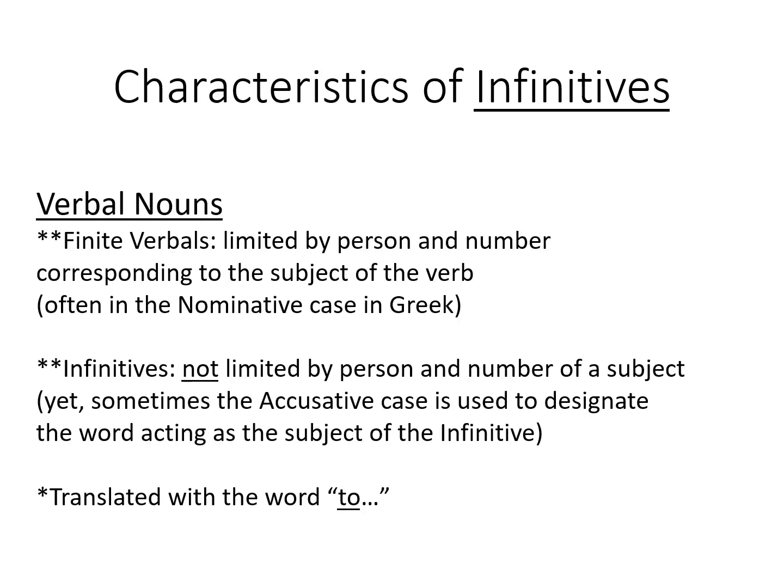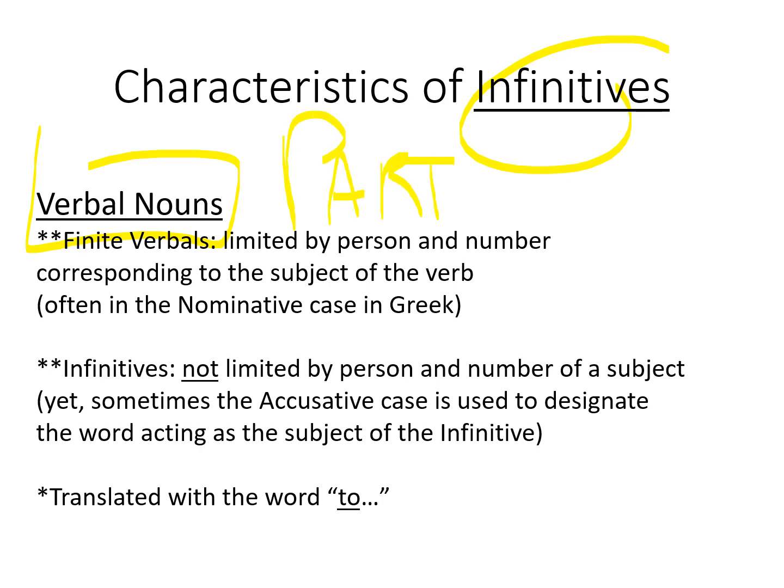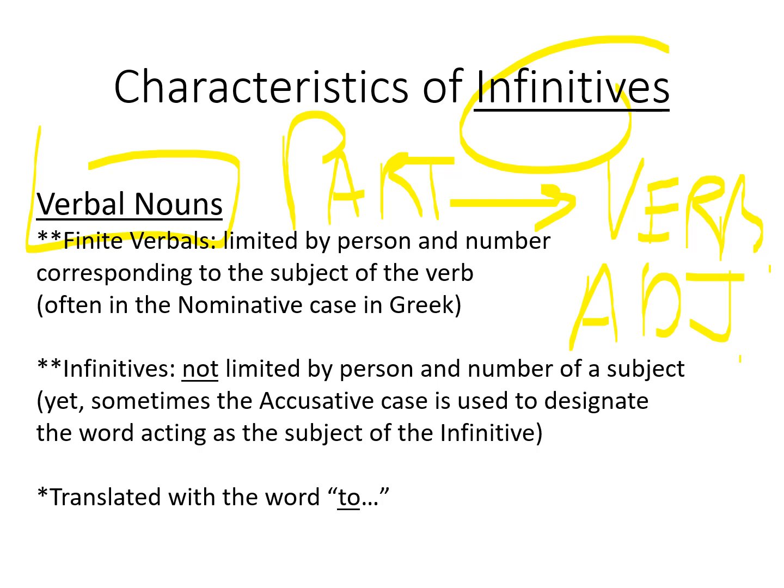Let's think then about the infinitive, a verbal noun. Now, we thought about participles in the previous section of Mounce, and participles are verbal adjectives, right? They modified a noun.